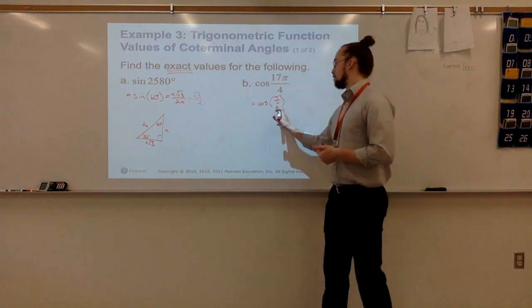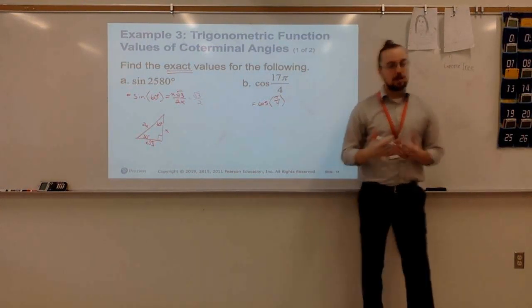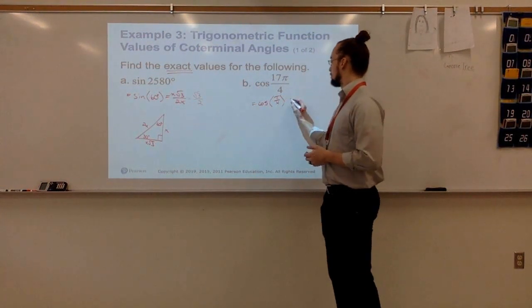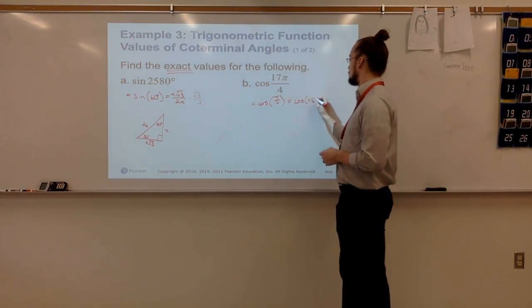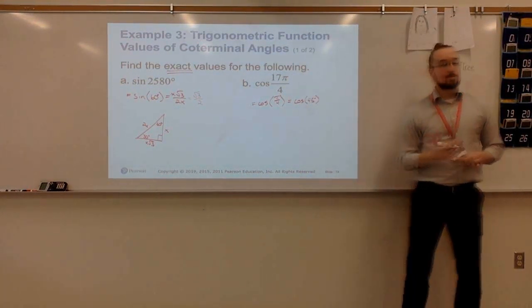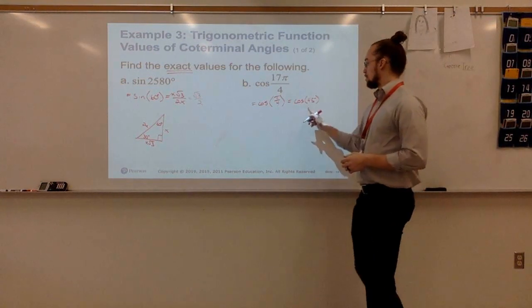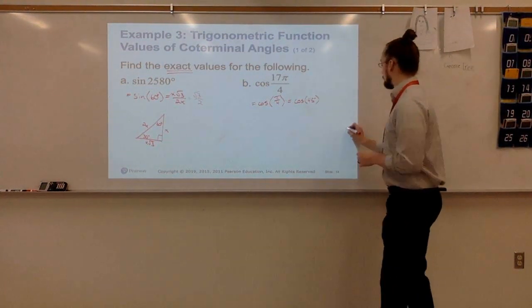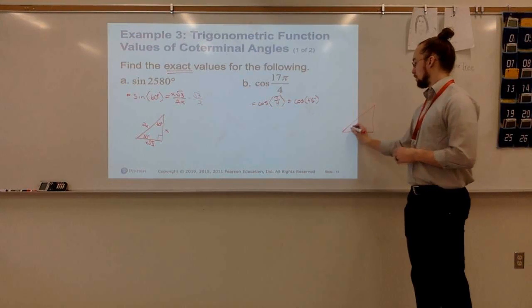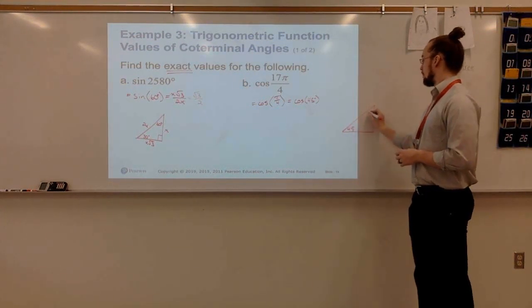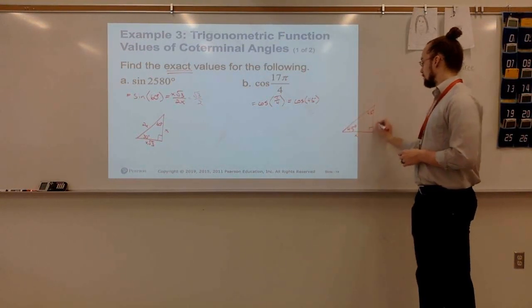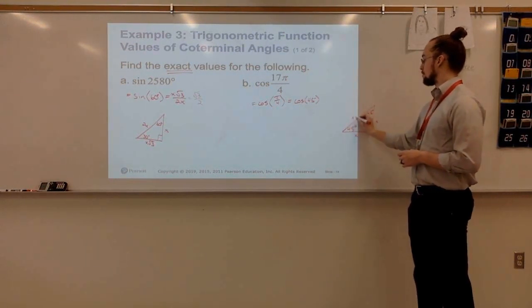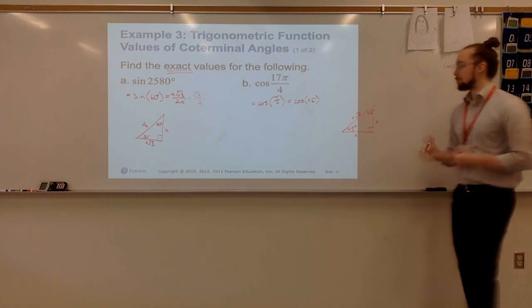If we think about in terms of degrees, because we haven't really talked too much about radians yet, pi over 4, if we convert that, would be the same as 45 degrees. So we can use our special right triangles. We know that in a 45, 45, 90, both legs are the same. The hypotenuse is that leg times the square root of 2.